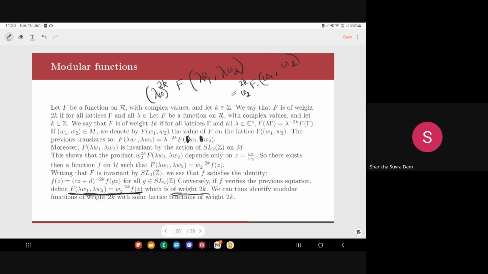So this gives a lattice function. So certain lattice functions give modular forms, and modular forms would be modular functions which are holomorphic at cusps. So we just define modular functions here, and modular functions would give me lattice functions of weight 2k.